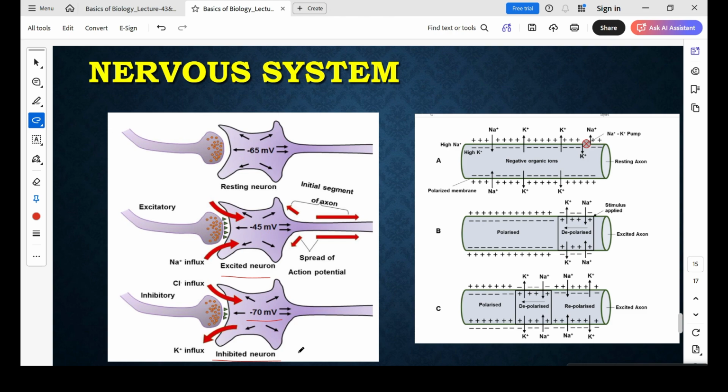If the neurotransmitter is something like glutamate, then it will result in an excited neuron. If it's something like a GABA molecule, then it will result in an inhibited neuron.